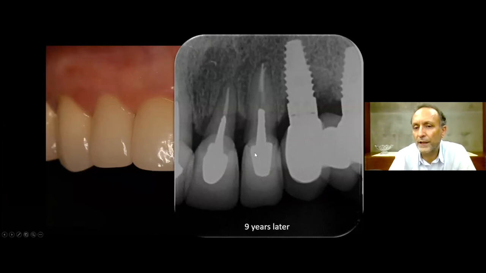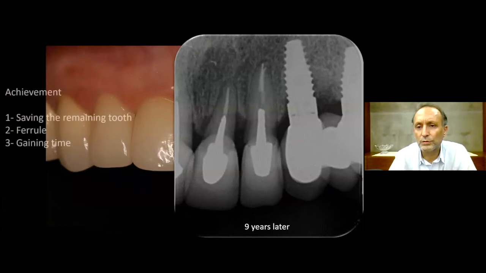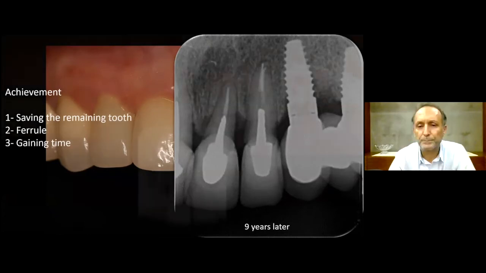If we had a connection between the adjacent teeth, this tooth would have lasted much longer than 9 years. We had saved the tooth for 9 years. We gave the patient 9 years before coming to an implant placement.